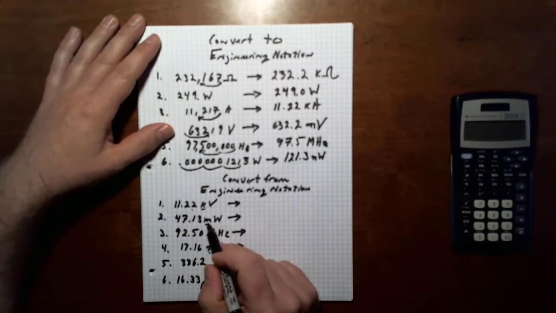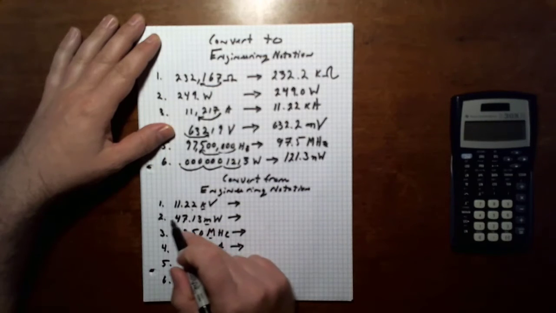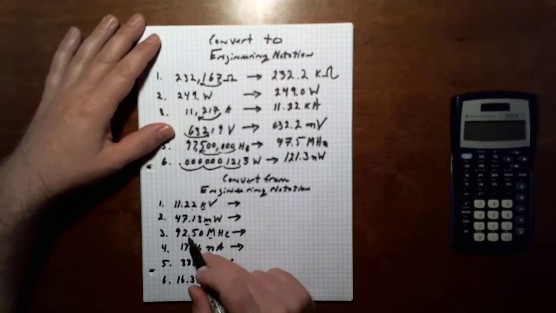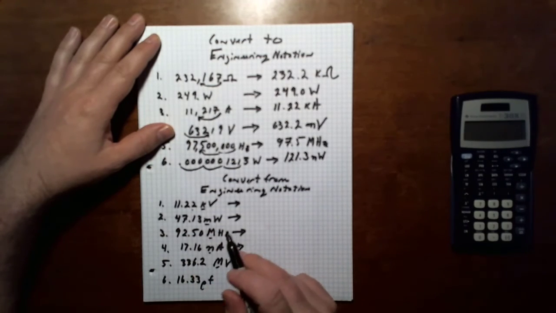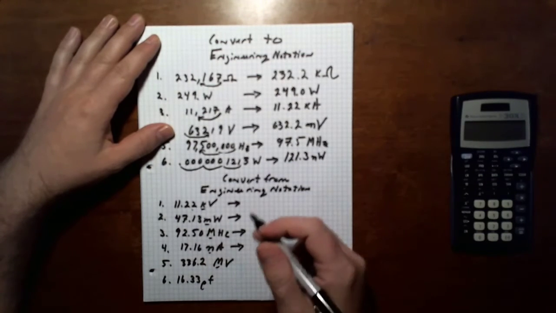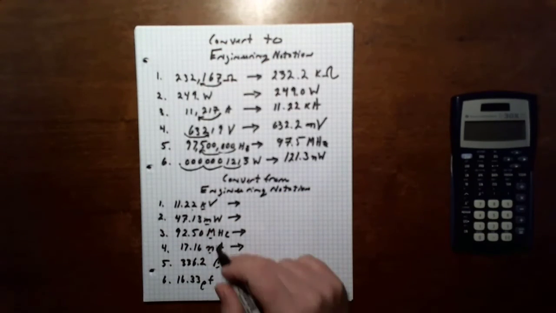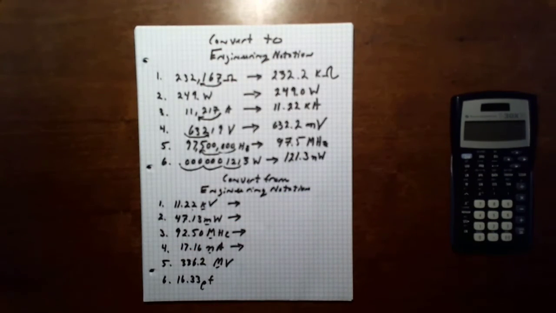Milli tells me that I have to push 3 zeros ahead. Mega tells me that I've got 6 zeros. Nano tells me that I'm going to put it in the decimal place 9 places. Mega 1000. Pico is 12 places. So if we go back to the rule page, it will tell you how far ahead or behind you have to put this.